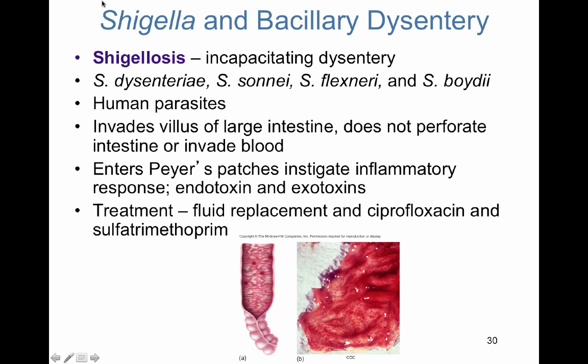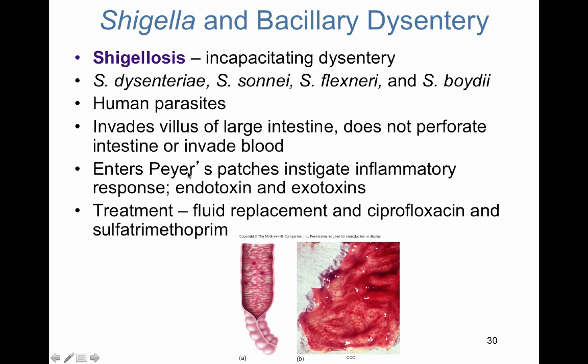Now we have another bacterium here that is the non-coliform gram-negative, Shigella. Shigella is responsible for causing shigellosis. This is incapacitating dysentery. And species here are dysenteriae, sonnei, flexneri, boydii. And all of these will invade the large intestine.